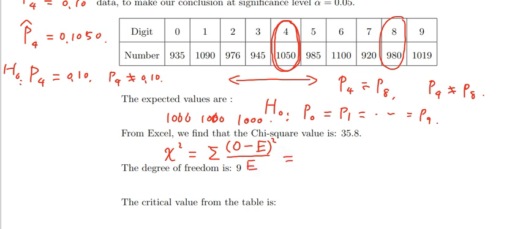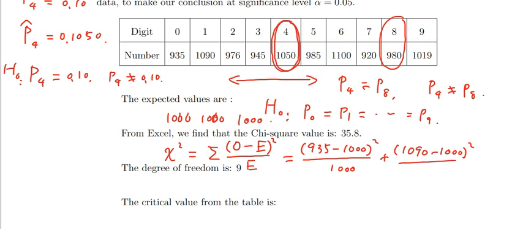So for the first cell, this is 935 minus 1000, squared, over 1000. Then the second cell, this minus 1000, squared over 1000, like that, right?